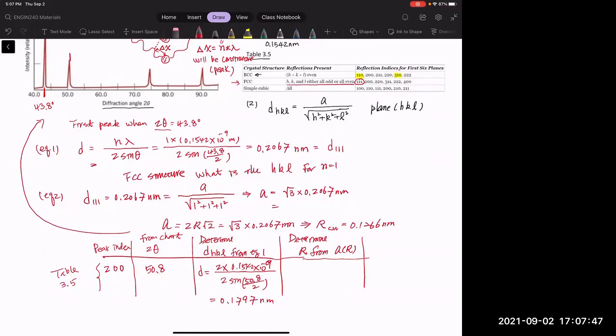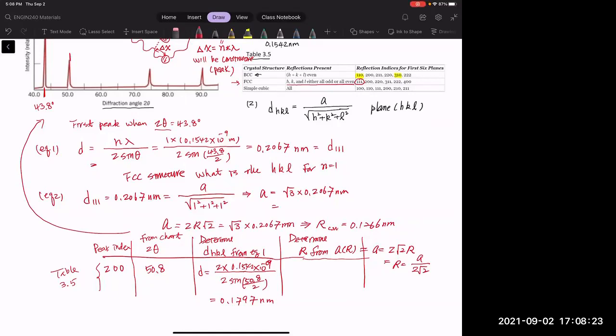Then you use the R equation, which gives you A is equal to 2 square root of 2 times R. And the R is going to be equal to A divided by 2 square root of 2. Okay, so how do we find the A?